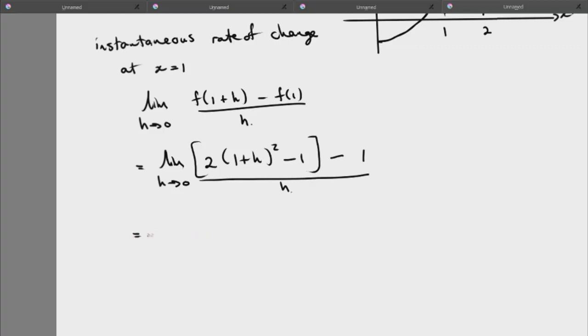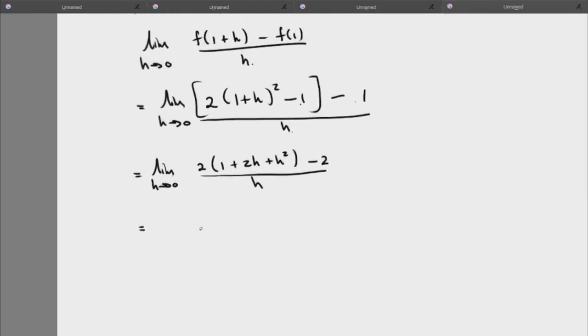Now I will simplify, not too much in one go. The 1 plus h, everything squared, is the first one squared, product of the 2 times 2, second one squared. This minus 1 and that minus 1 is minus 2, all over h. This is going to take a while, even for this simple polynomial.